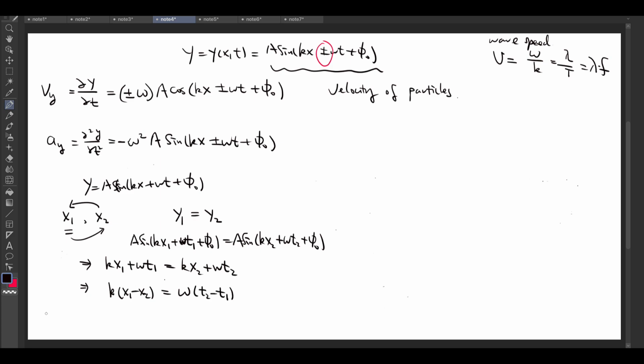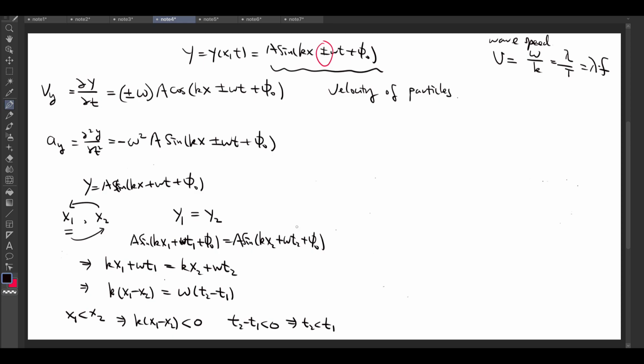Now suppose we have such an arrangement that x1 is less than x2. So x2 is to the right side of x1, or x1 is to the left side of x2. Then the left side here is negative. In order for this equation to be true, we must have t2 minus t1 also negative, in order for the two displacements to be the same for the two particles. That would mean t2 is less than t1.